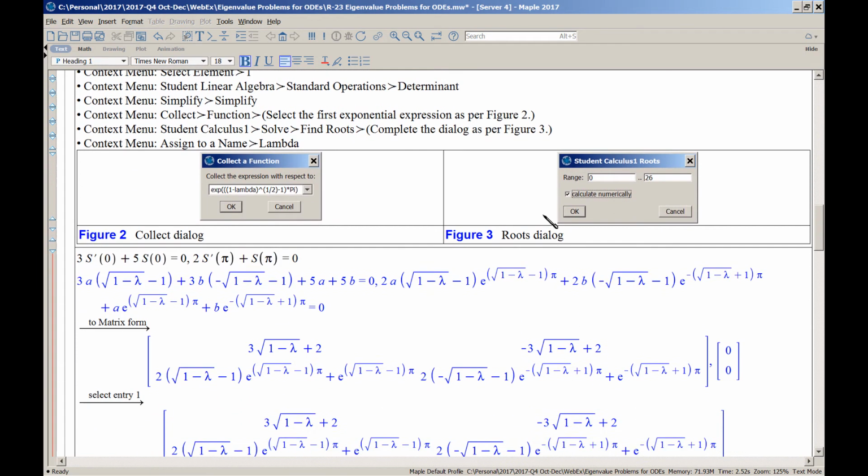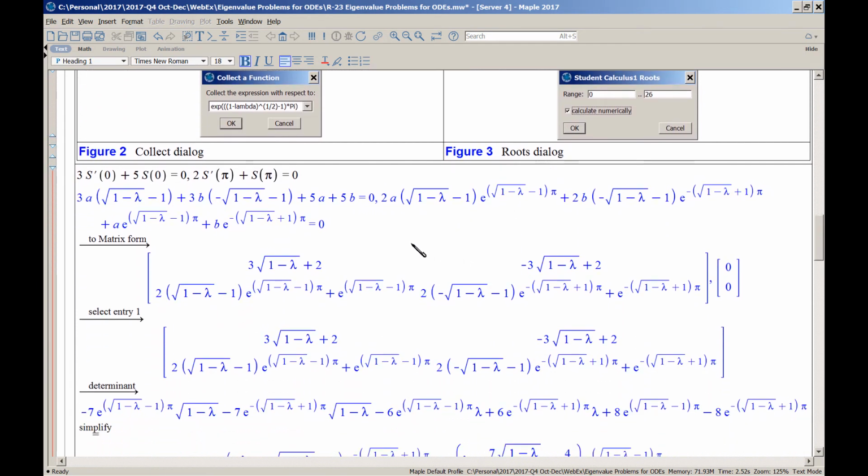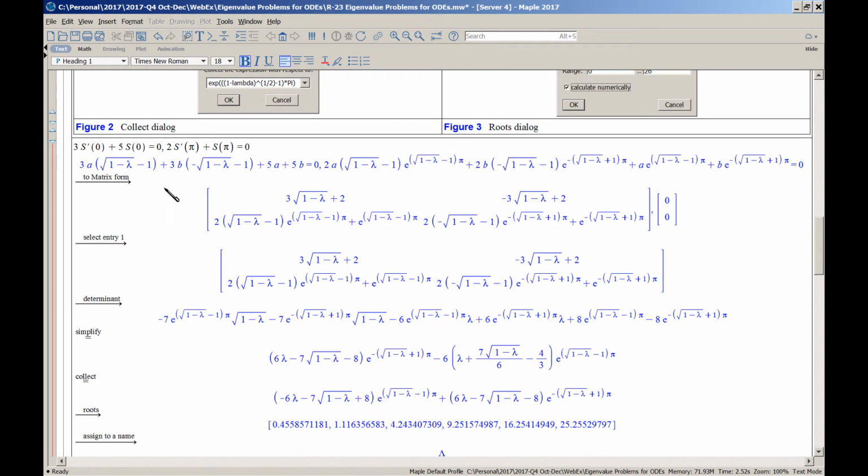So I'm going to do the same thing that I did before, and maybe this will look better if I make the font a little bit smaller. Here are the two equations. I put them in matrix vector form, grab the matrix, get its determinant, but now the determinant is pretty messy.